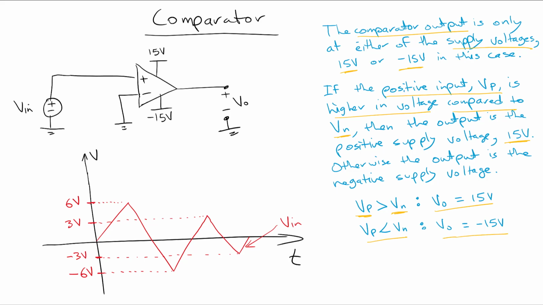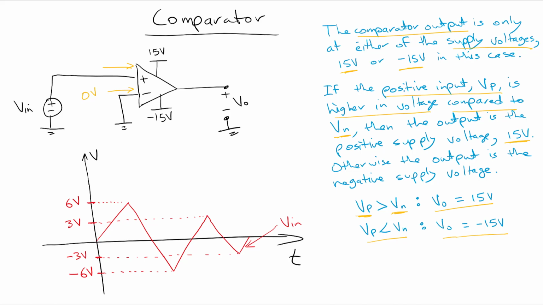So what's happening in this circuit? We've got Vn, and that's 0 volts because it's grounded. And then Vp is connected to Vin. So whenever Vin is greater than 0, this op-amp is going to be plus 15 volts.